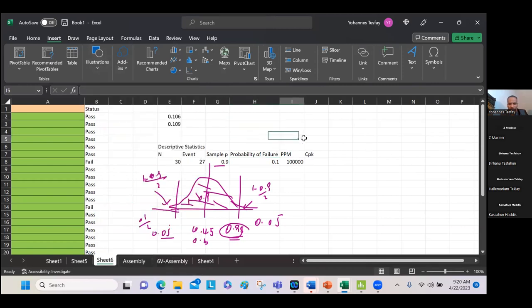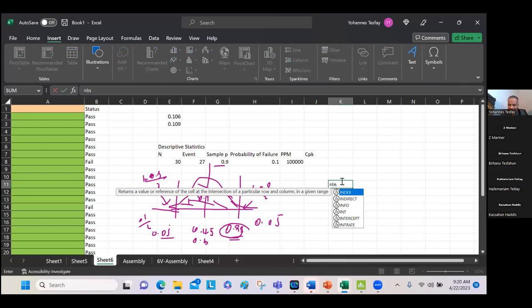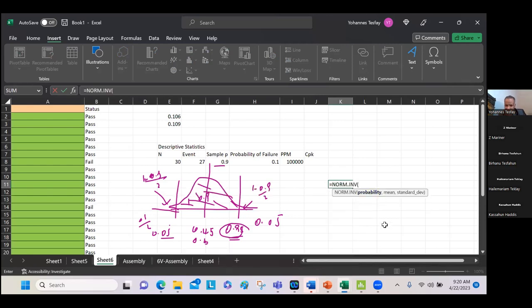let me do that. Okay, now I'm going to calculate equal to inverse normal, normal inverse, yeah, just like that.